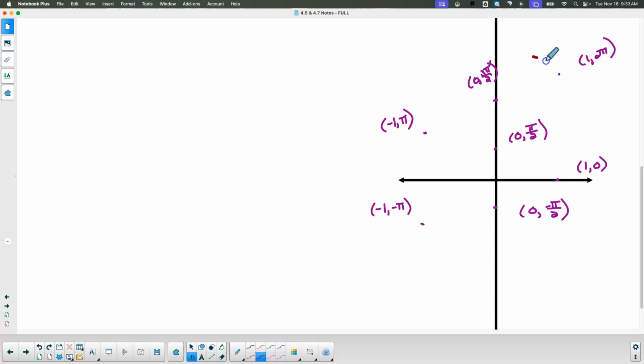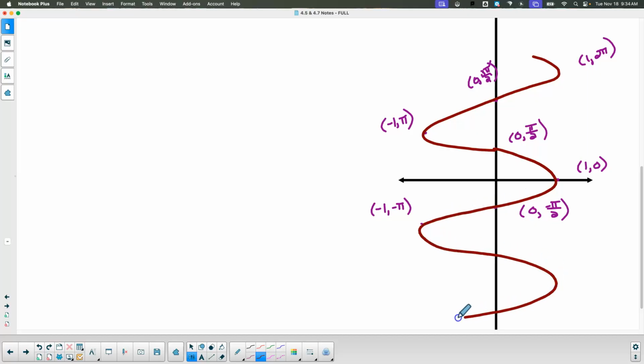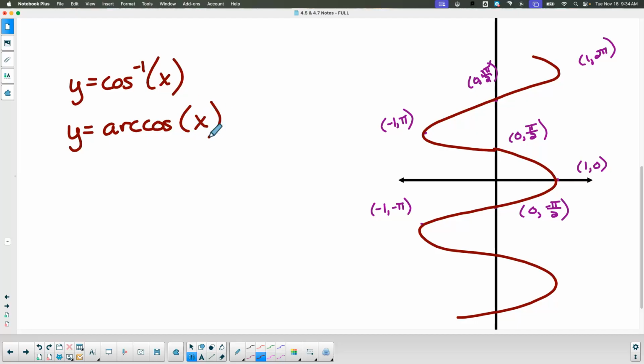It's going to end up looking like that. It will also have a domain between negative 1 and positive 1.